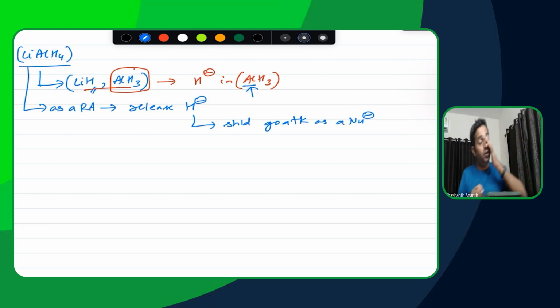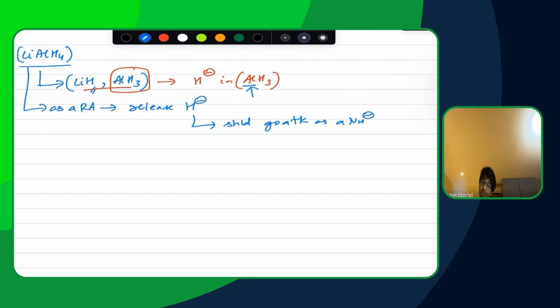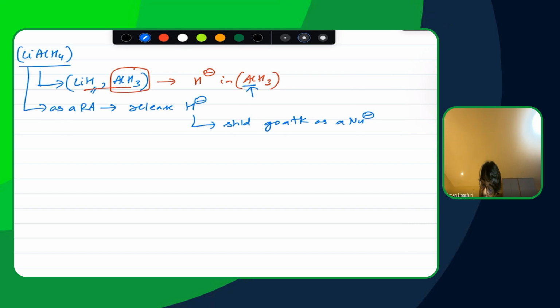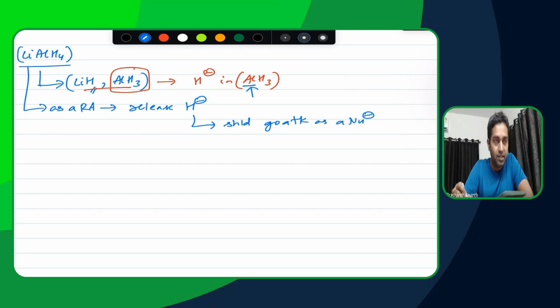Now, when you mentioned that you have some confusion regarding LiAlH4 behaving as a reducing agent, I'm assuming that had some connection with NaBH4, or is it not having any connection? I mean, it was specific to this reaction. Okay, give me the reaction specifically. Sir, he gave the mechanism of how ester is reduced by LiAlH4.